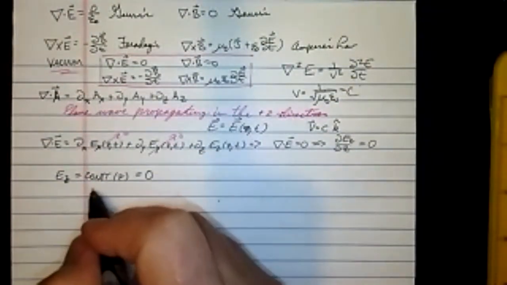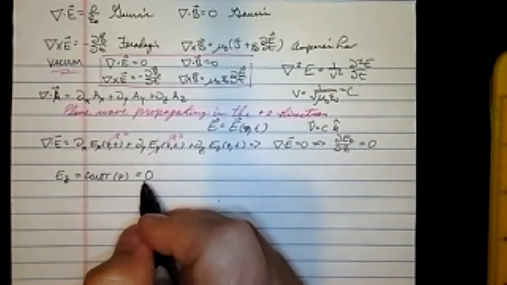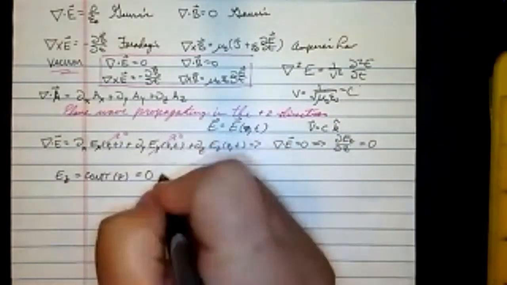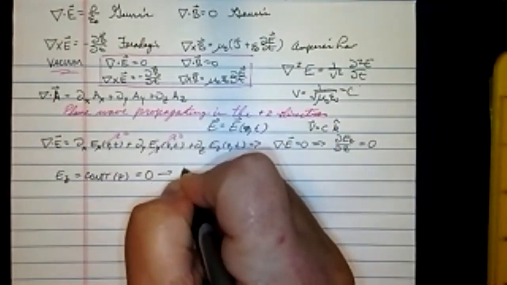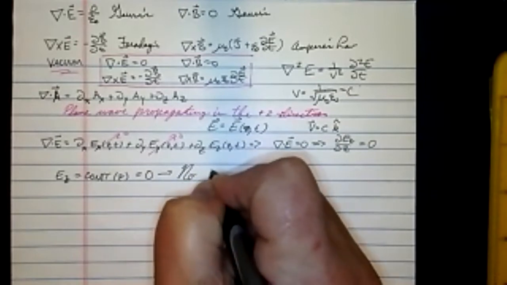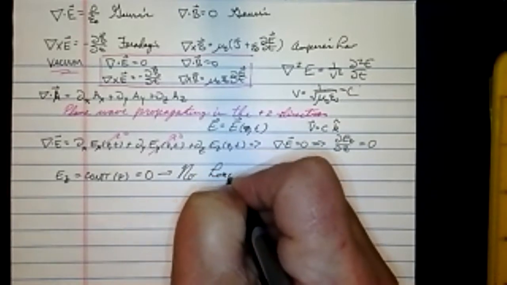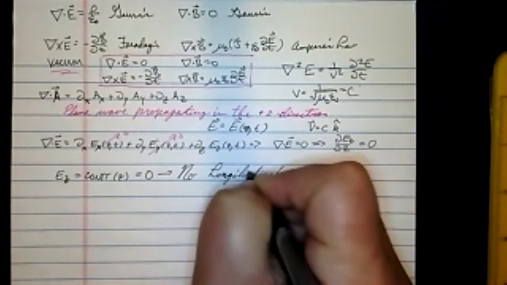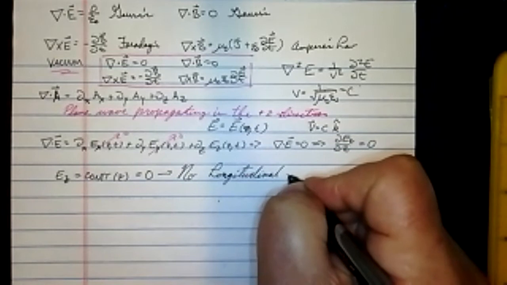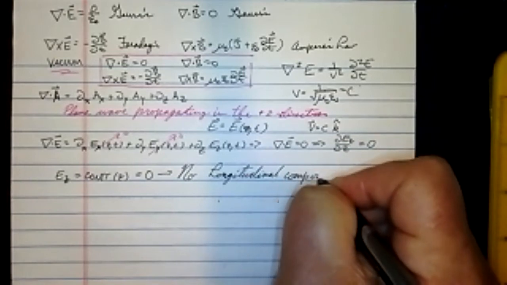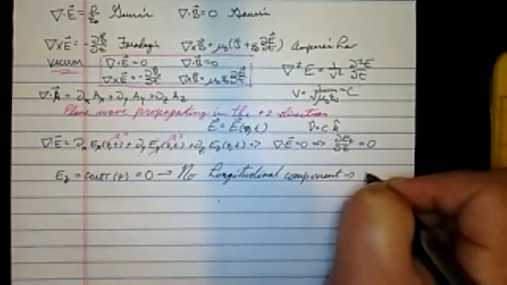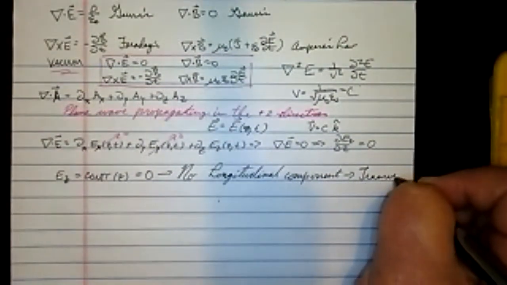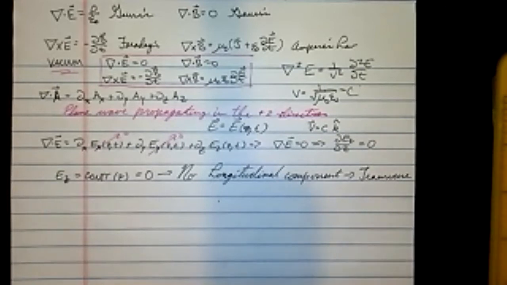Since the wave is propagating in the z direction but has no oscillatory component in the z direction, it has no longitudinal component. That implies it's transverse. So it is a transverse wave.